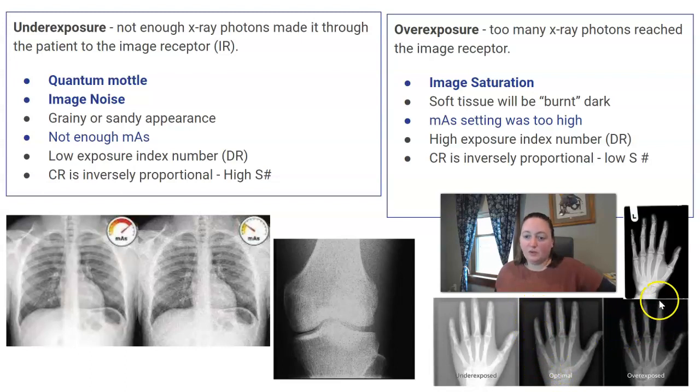The overexposed one is burnt out. It's kind of dark, or we lose some data from that. Usually that is because the mAs is set too high. It could be kVp if you're really in the wrong spot, but your mAs is too high. If you're using digital, your EI number will be high, and then CR is that inverse and it'll be backwards. So underexposure, mottle and noise; overexposure, saturation.